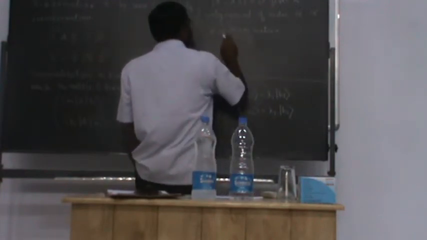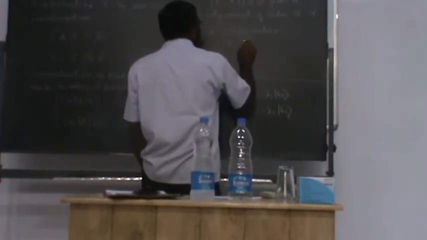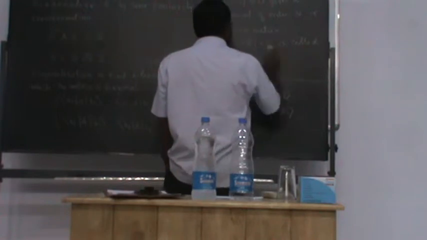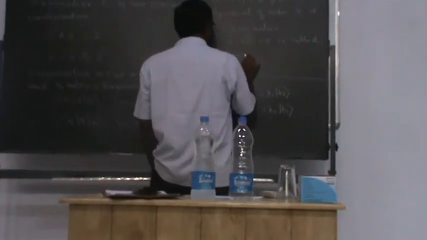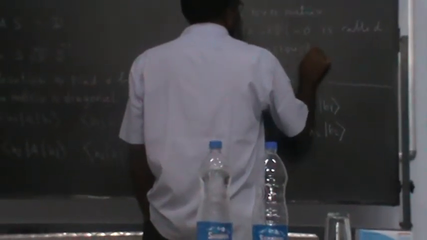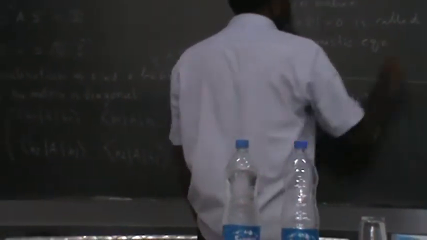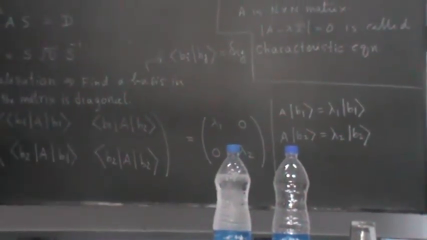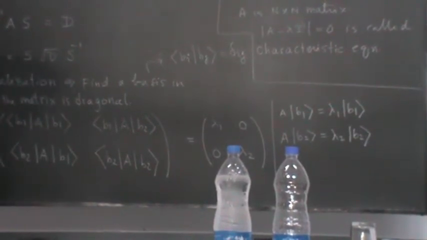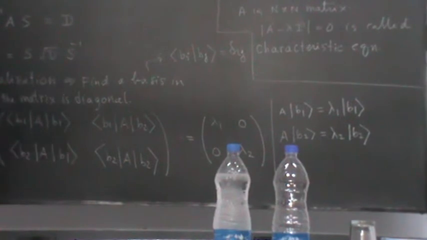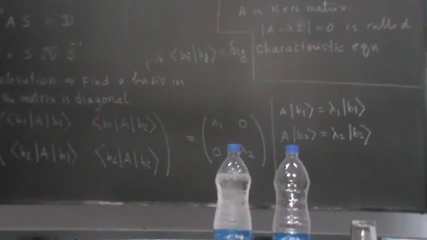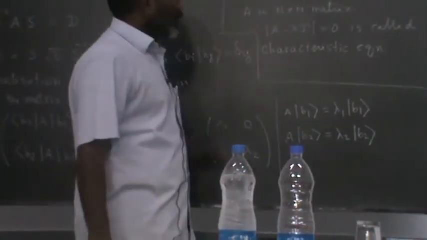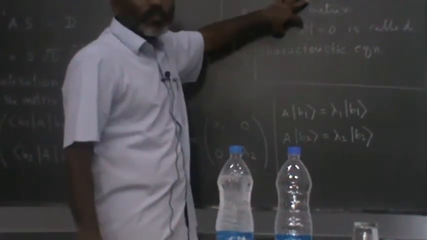It's a polynomial in lambda, an nth order polynomial equal to 0, and you have n roots of the characteristic equation. The roots of the characteristic equation are called eigenvalues, because those are the values of lambda that will satisfy this equation.